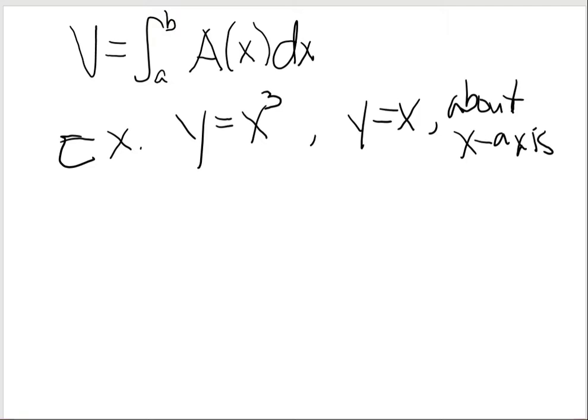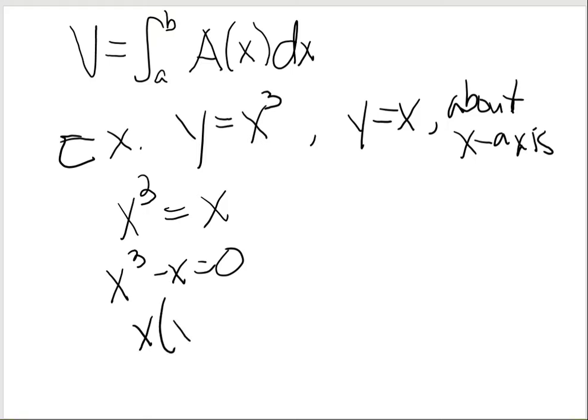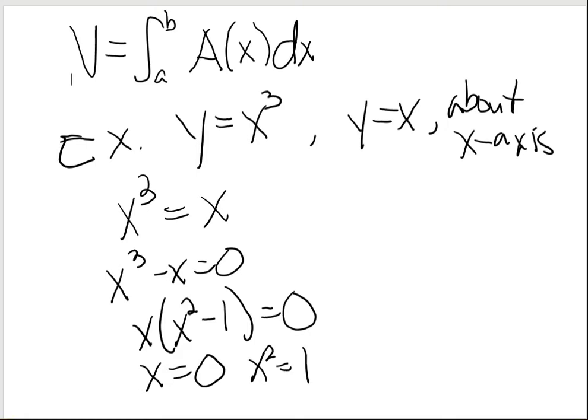Okay, so we can find where they intersect, because we don't have that. Where do they intersect? Well, subtract over, factor, and so x equals 0 or x squared equals 1. And on this particular problem, I'm going to take x to be greater than or equal to 0. So that means x is 1.